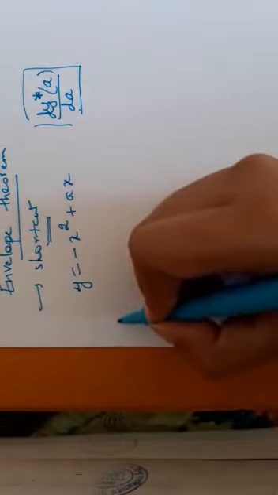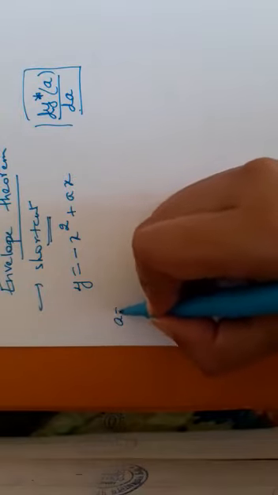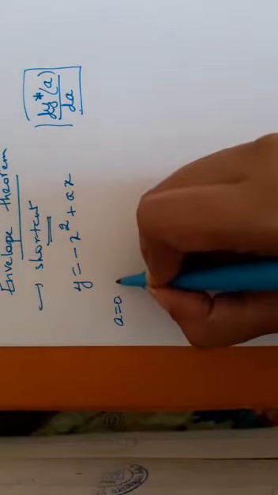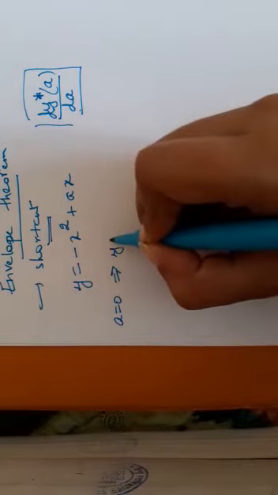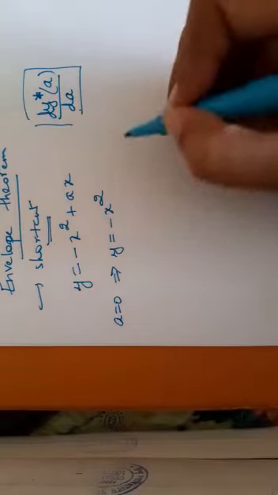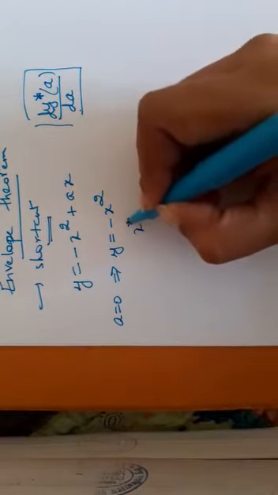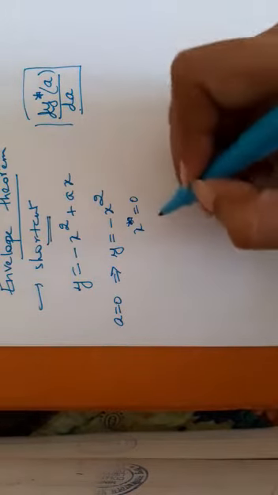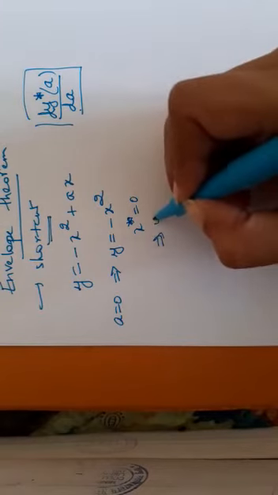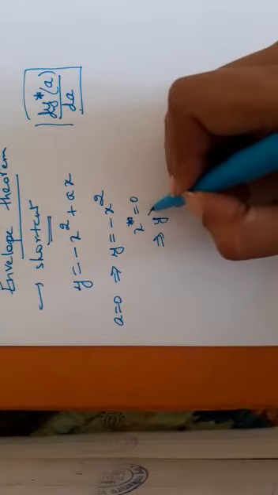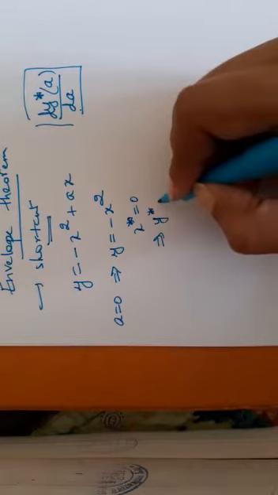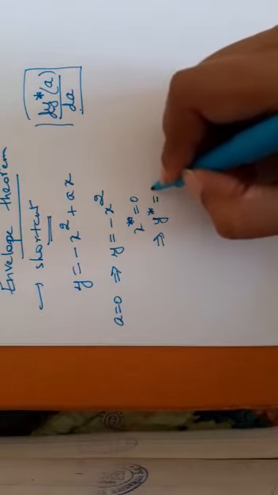One way of doing it is this. For example, if a is equal to 0, then y is nothing but minus x squared, and we know that this is going to have a max at x star equal to 0, which in turn implies that my maximum value at x star equal to 0 is going to be equal to 0.